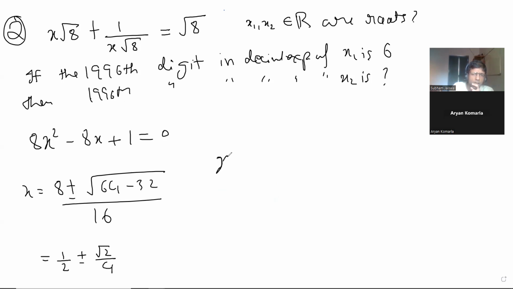Now the weird thing is, we write 1 as 0.9 recurring, 0.999. Then in the decimal expansion, the corresponding digits should add up to 9. So the 1996th digit will be 3.